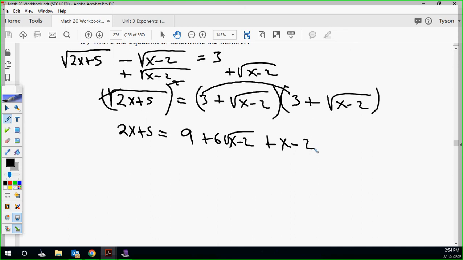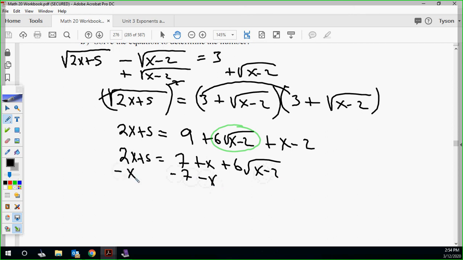And now again, we're going to isolate the other radical. So now we're going to try to isolate this term. So 2x plus 5, 9 minus 2, I have a 7 plus an x plus a 6 root x minus 2. So minus the x minus 2, minus the 7, okay, equals 6 root x minus 2.